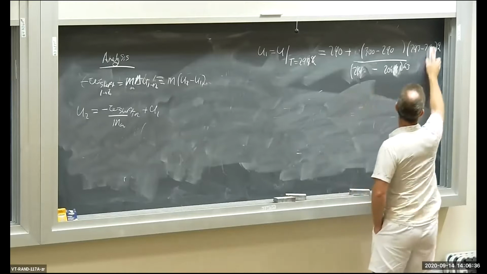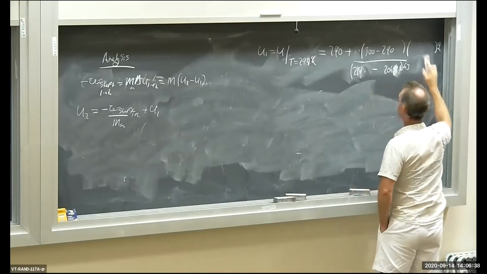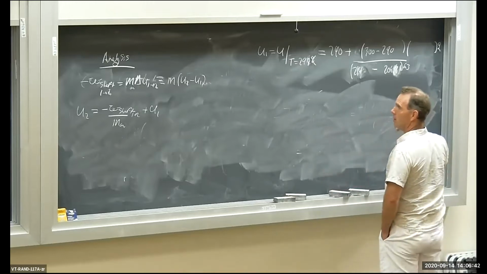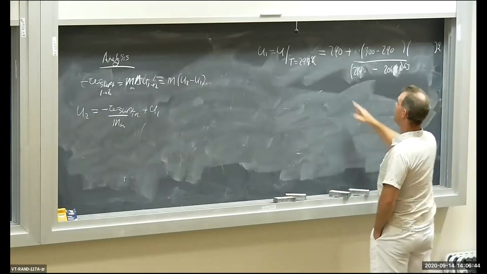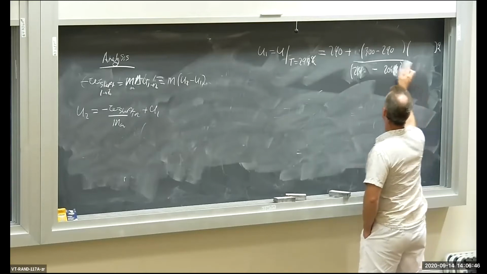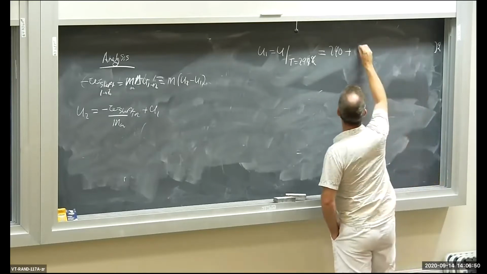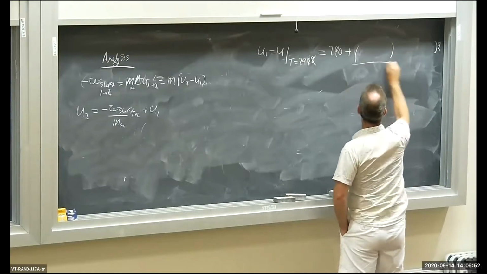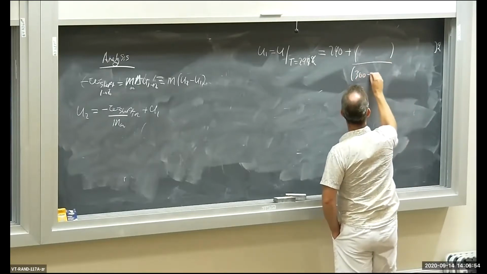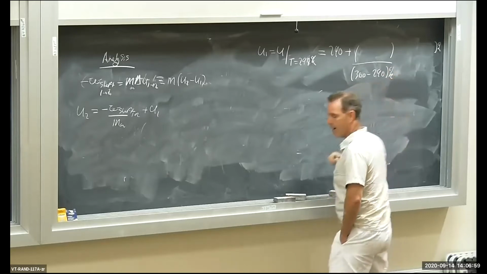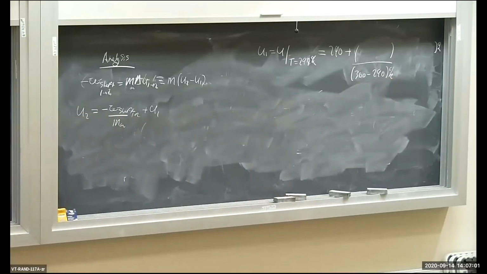I'm sorry. I'm not doing this right. I need to do the opposite here: 300 minus 290 degrees Kelvin, and then I have to look up the values again.